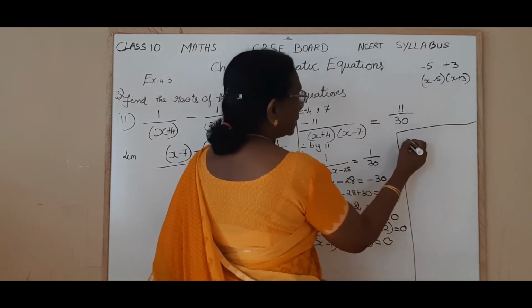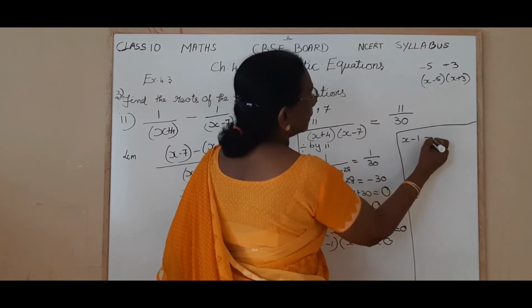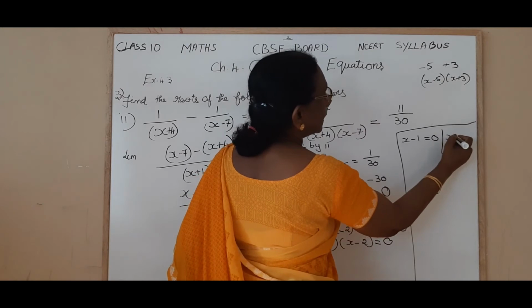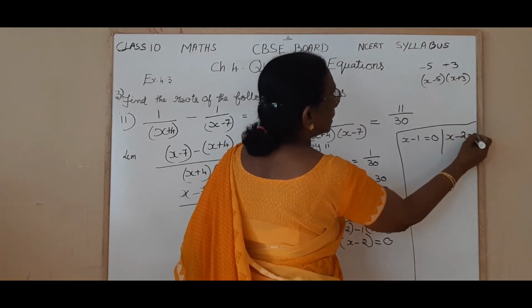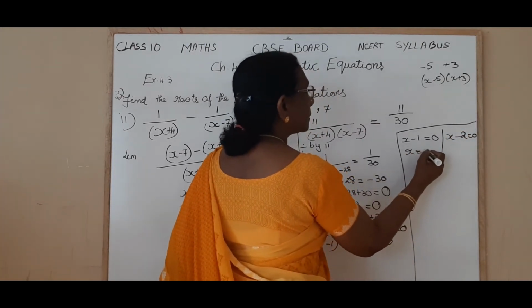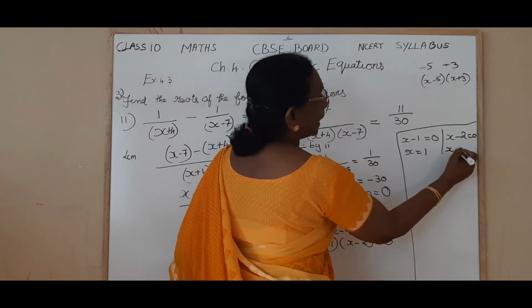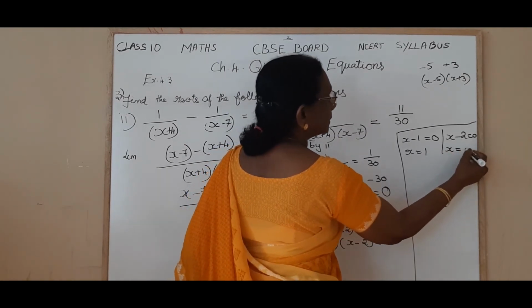So, what is it? x minus 1 is equal to 0 or x minus 2 is equal to 0. So, x minus 1 is equal to 0 gives x as 1. x minus 2 is equal to 0 gives x is equal to 2.